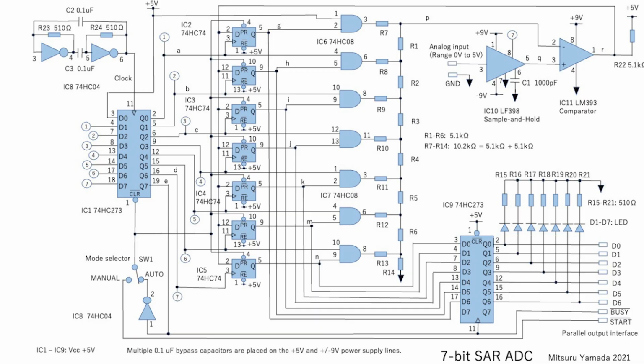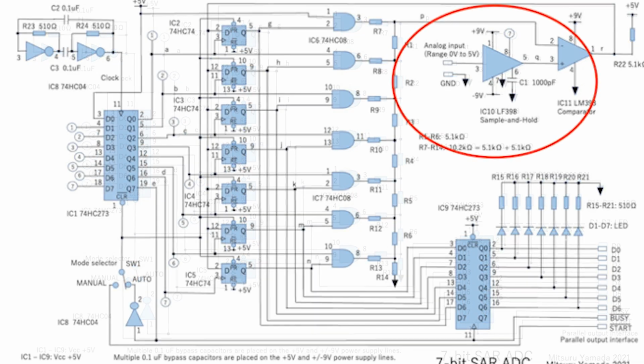So the first step in this conversion is taking in a sample voltage and holding that. As shown in this highlighted area, it's done by this chip. That sample voltage is whatever your input is. So, for example, it could be 2 volts, right?